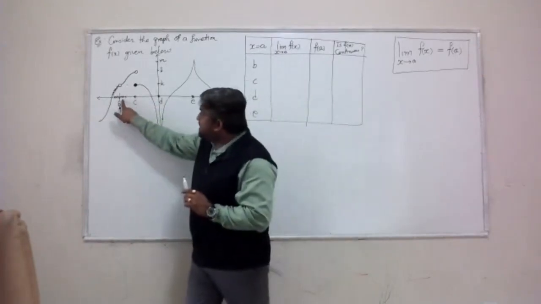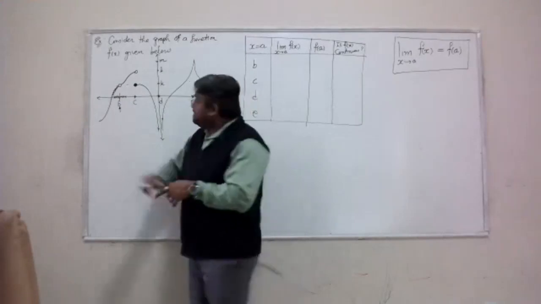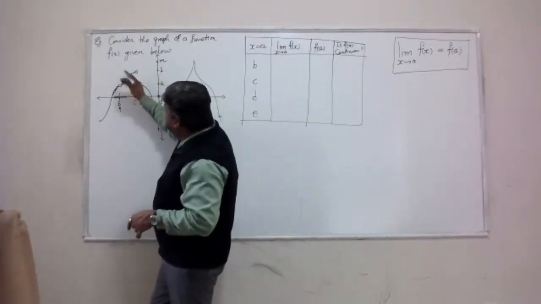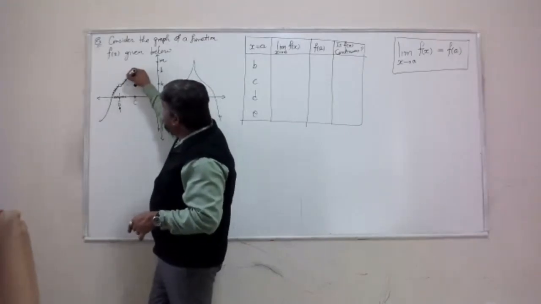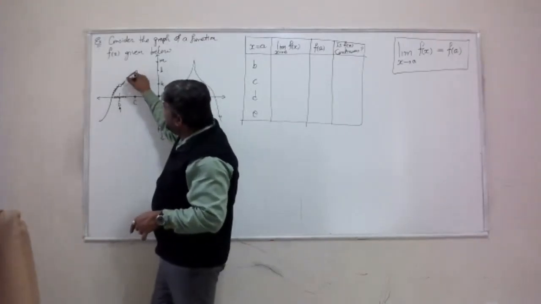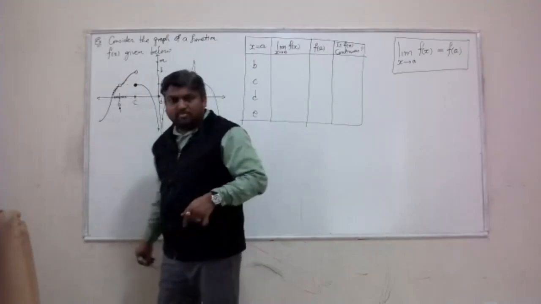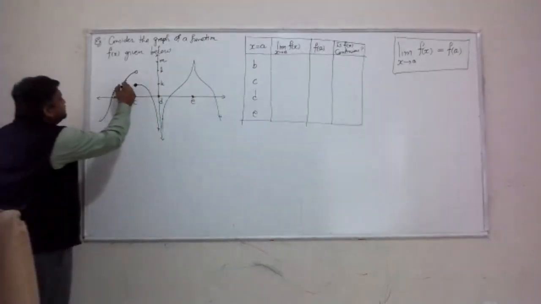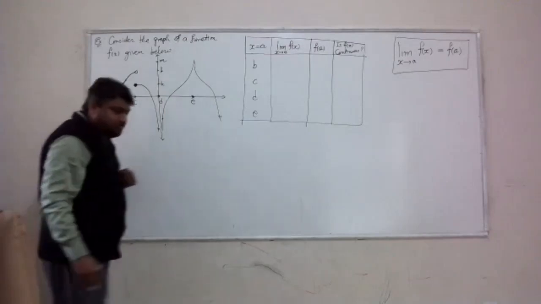If I approach B from the right side of B, then I need to look at the part of my graph which is on the right side of B, and I need to check what happened with my function as I go close to B. Looks like the function is going closer and closer to K value.